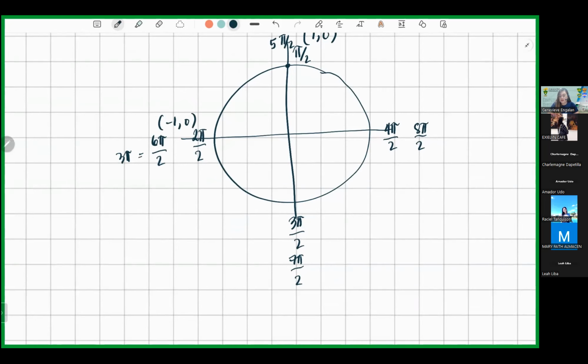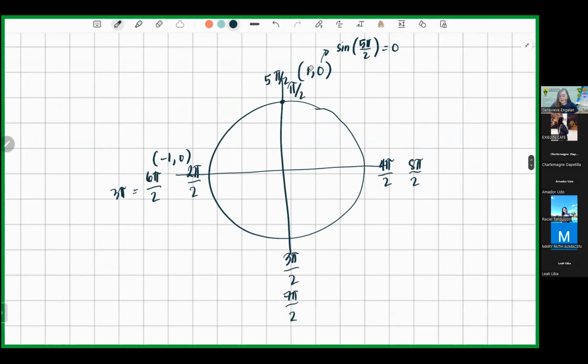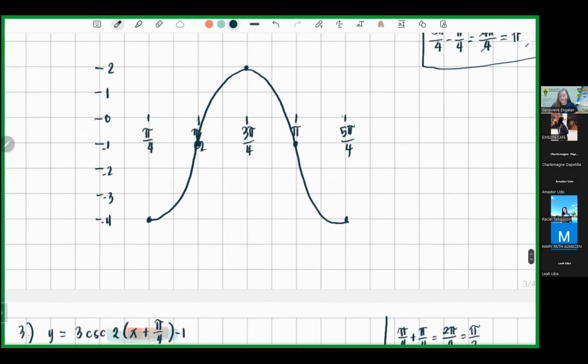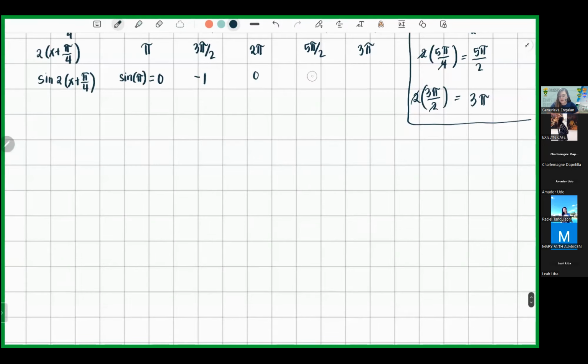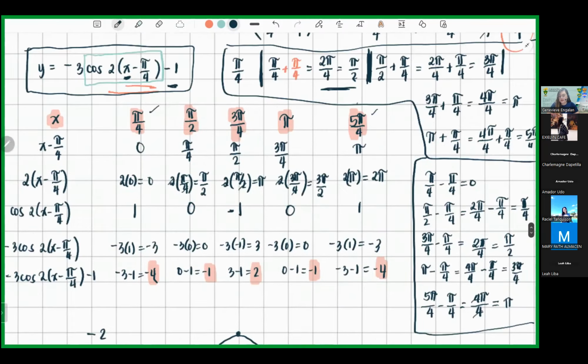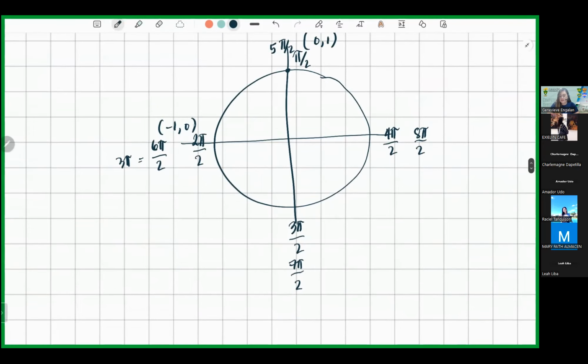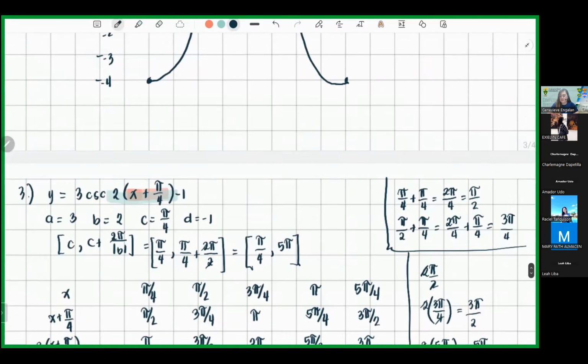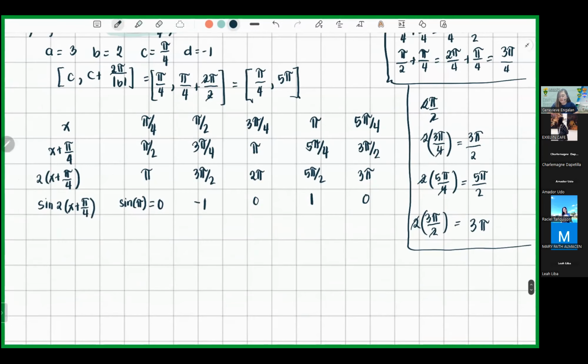The sine is 0. So you have 0. Then we take the reciprocal.